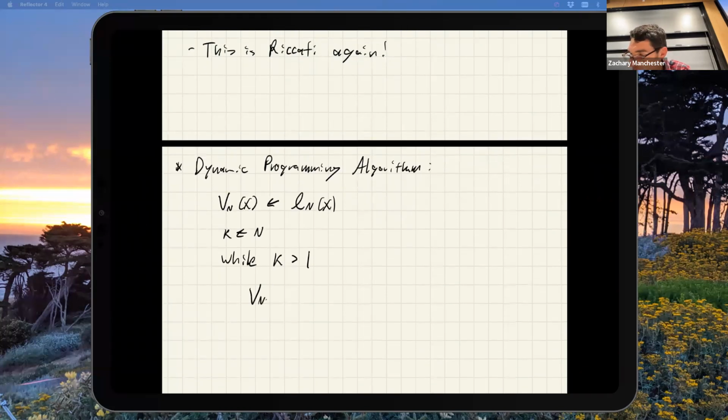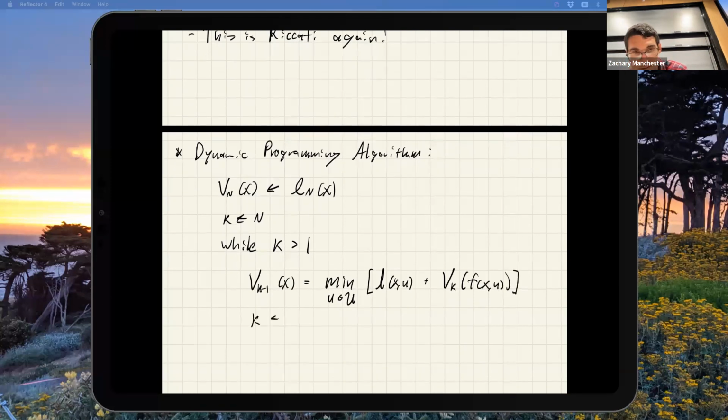I get V_{k-1} by solving min over u, for u within some feasible set, so it could be bounds or whatever. I solve the one-step cost plus the cost to go at, oh, this should be k, sorry. So this is V_{k-1}, and this is V_k. Then I plug in the dynamics. So this is the general nonlinear case. I solve that problem, then decrement k, and keep going.